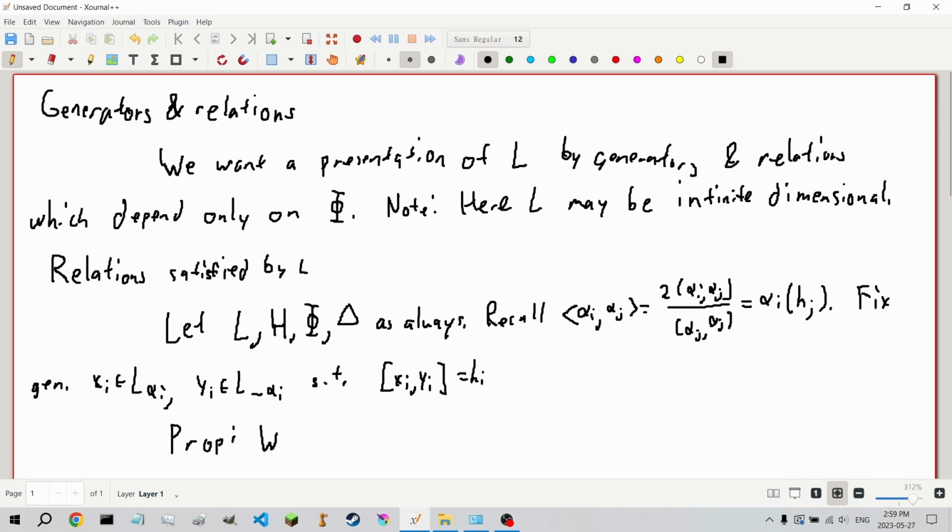With the above notation, L is generated by xi, yi, hi, where alpha is a collection of alpha i, and here i is going to be 1 to l.